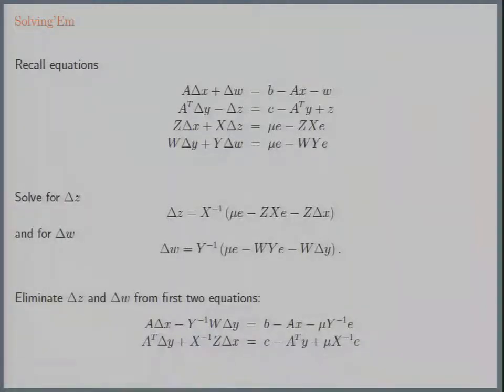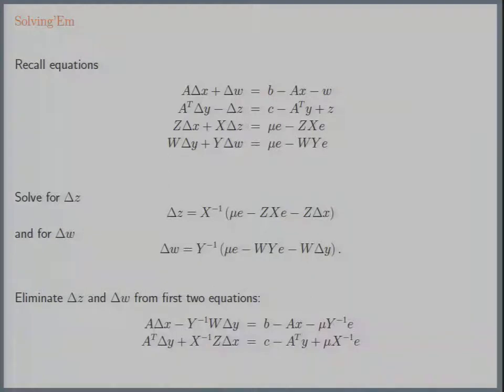Now I bring the things that don't involve delta y over to the right-hand side, and I get what? Everything has a minus sign, I guess that's right.